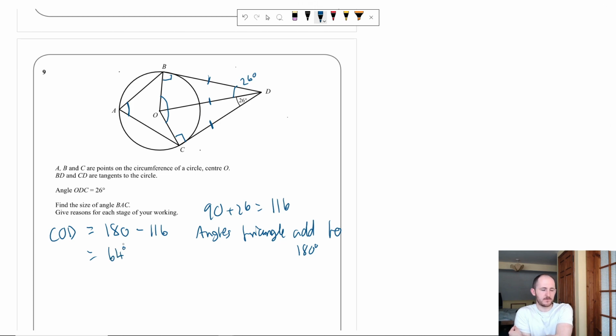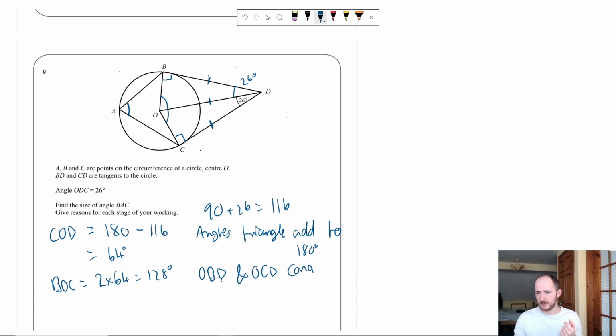Now, because the two triangles are the same, angle BOC is equal to 2 times 64, which is 128 degrees. And again, that's because OBD and ODC are congruent, due to, let's just call it SAS.